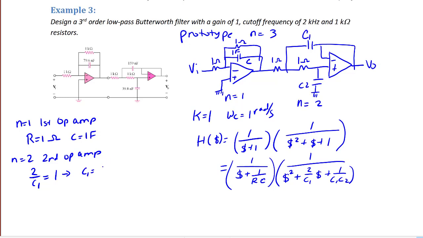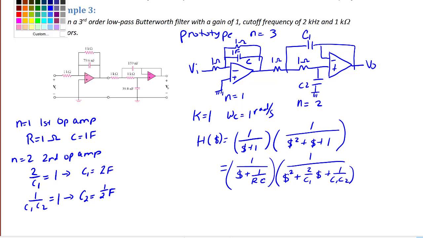And 1 over C1 C2 is equal to 1. So C2 is equal to half a farad. So now we can put these on our prototype. C1 is 2 farads and C2 is half a farad.